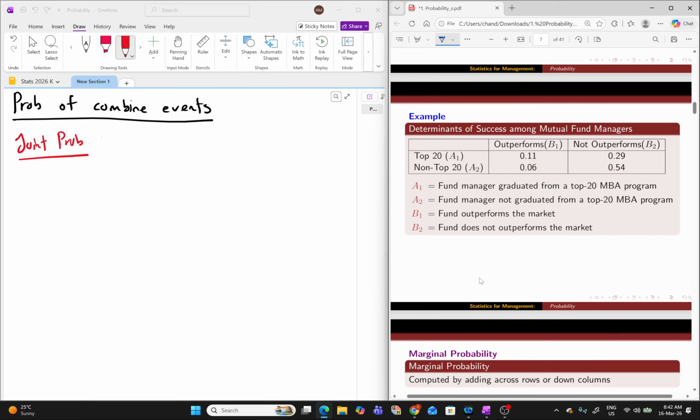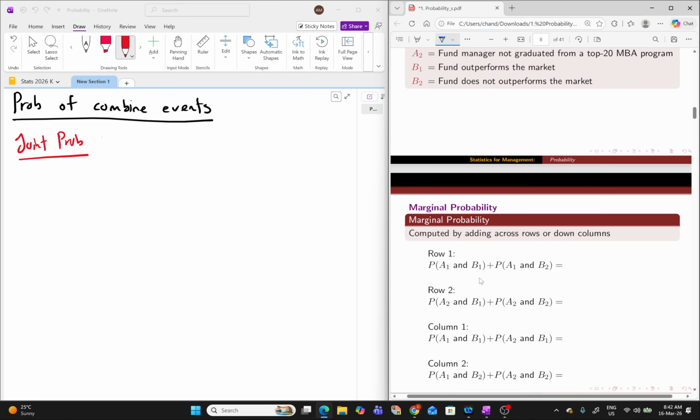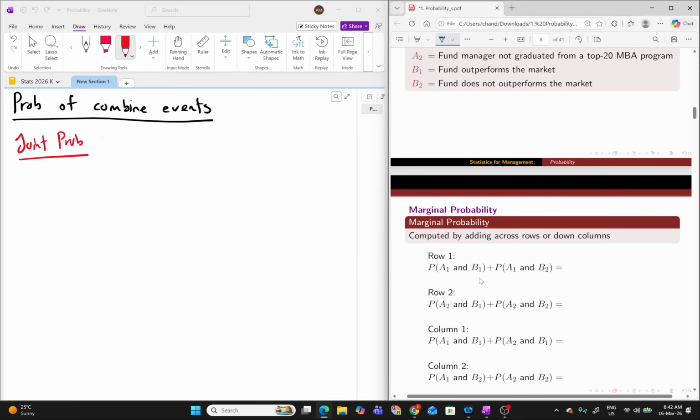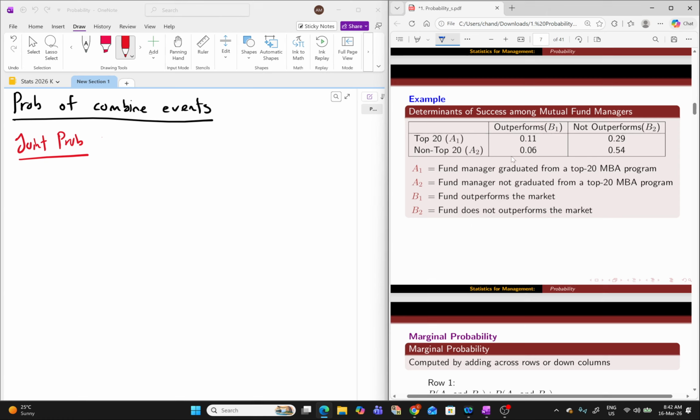Now the joint probability comes here. You can see this one is a combination of A1 and B1. So this part is the probability of A1 and B1.